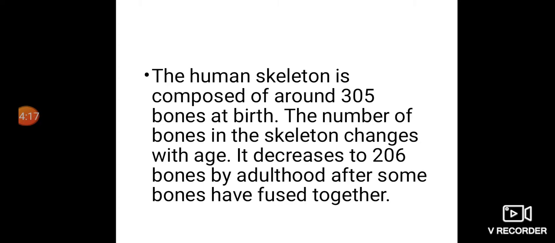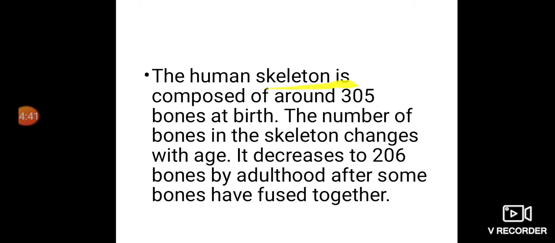The number of bones in the skeleton changes with age. Slowly it decreases to 206 bones by adulthood after some bones have fused together.